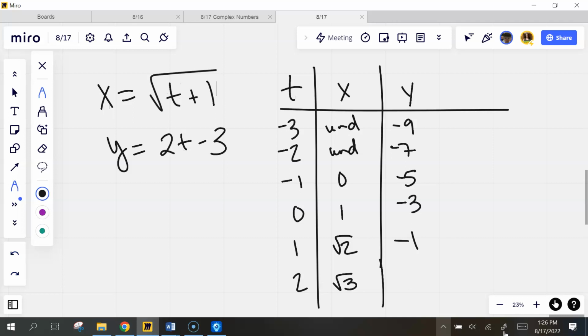Exact. I mean, you can do decimals. Undefined.